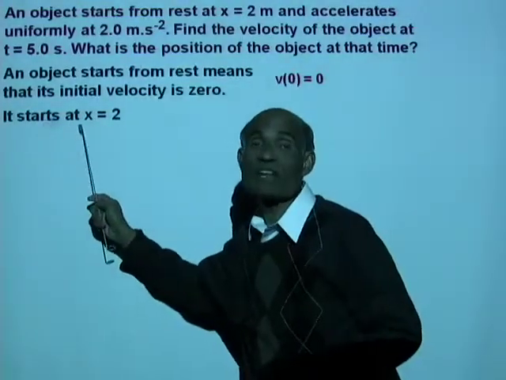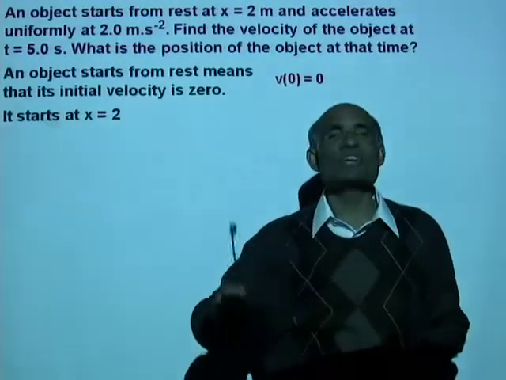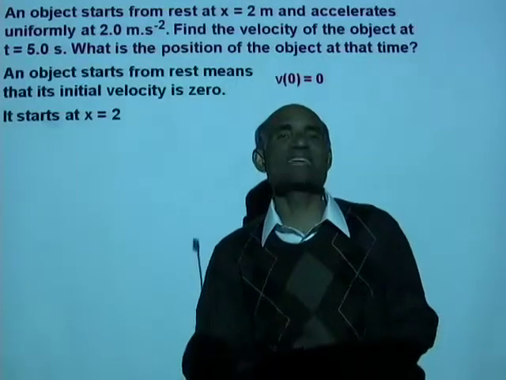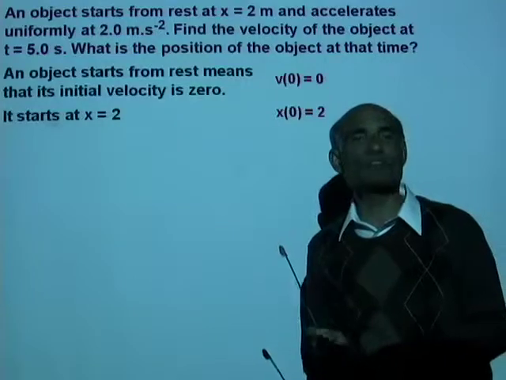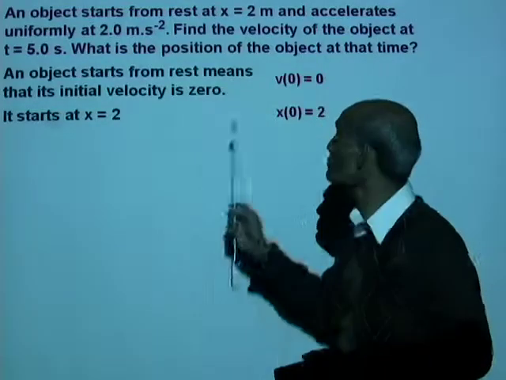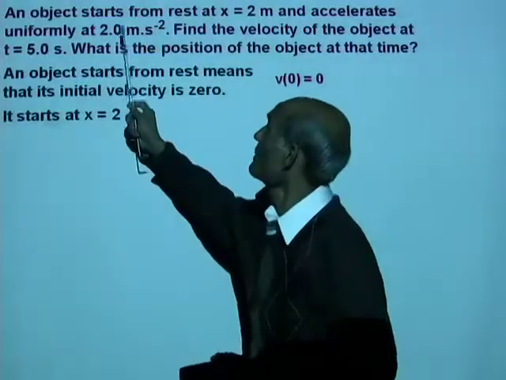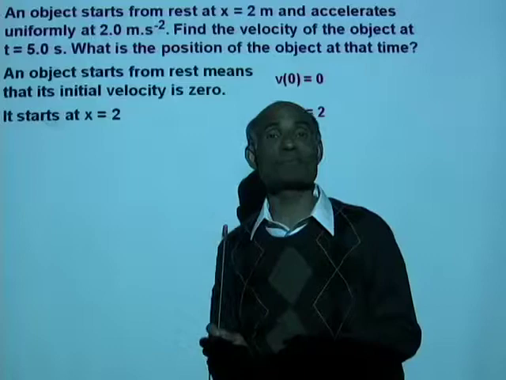And it starts at x equal to 2 means its initial position is 2 meters. Initial position means the position at t equal to 0, or x of 0 equals 2. Those are two important pieces of information. What other information do we have? We know that its acceleration is 2 meters per second squared.